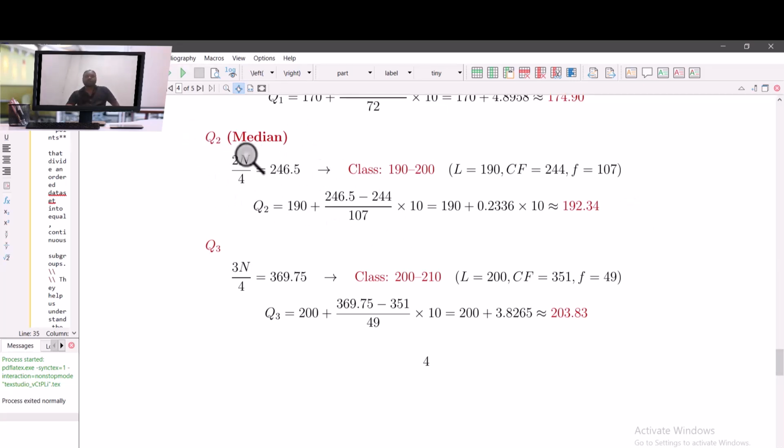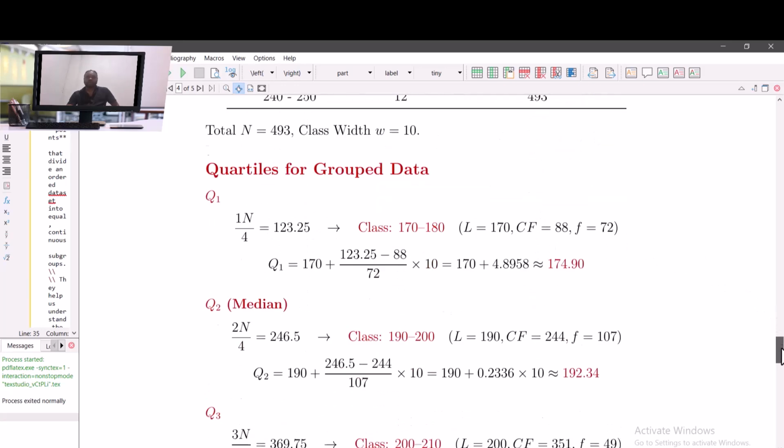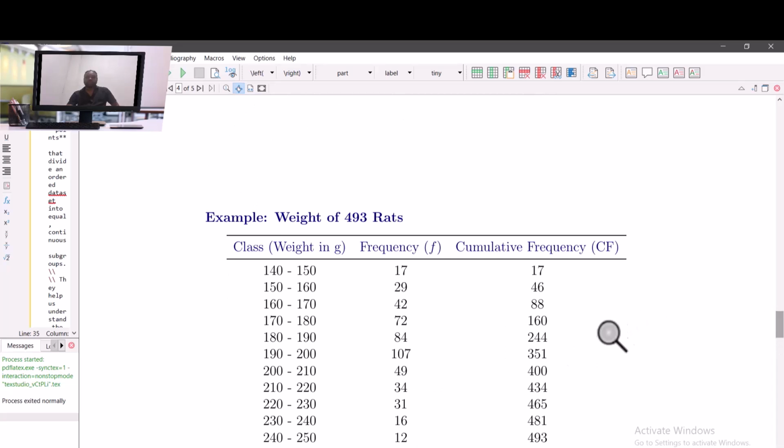Its position is approximated by this one, then we look for where this number, 246.5, is included. This is nothing but less than or equal to this number, right? Where is that? 246 is in the 6th class.